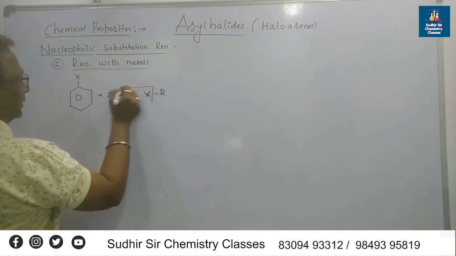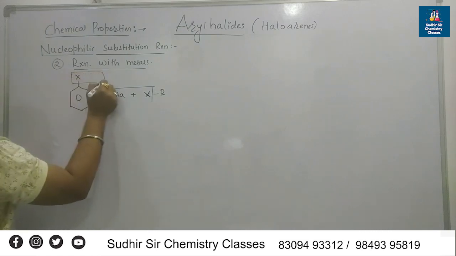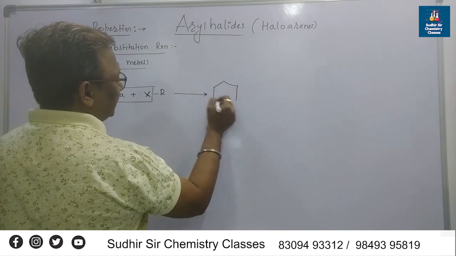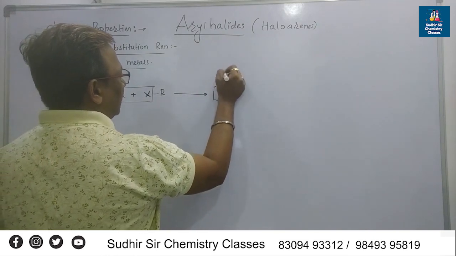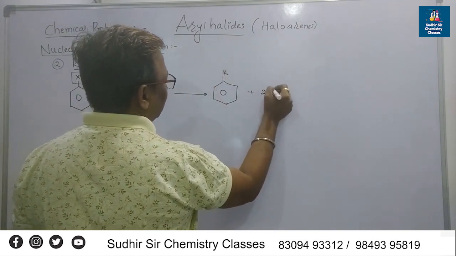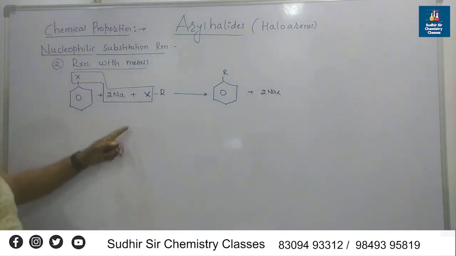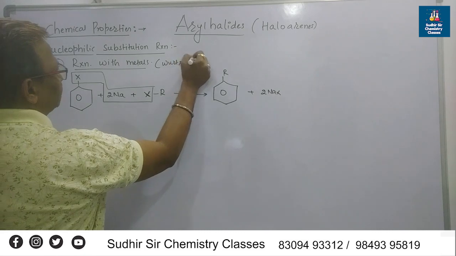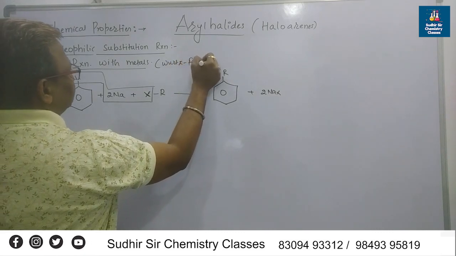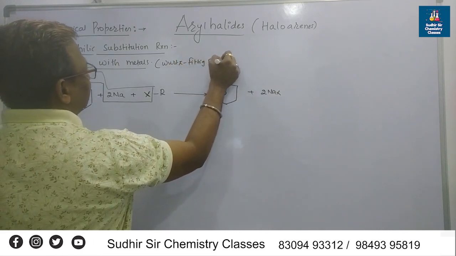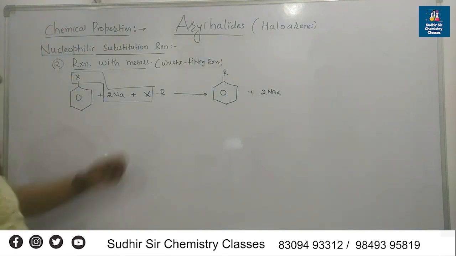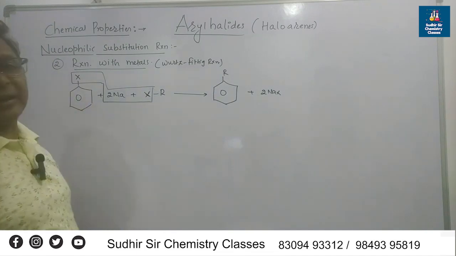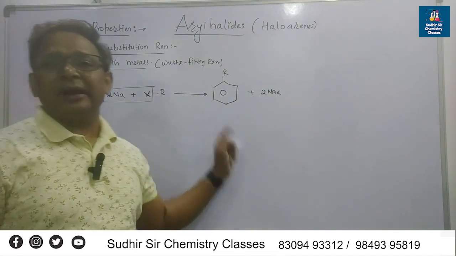This X from here, Na from here, and this X from here will come out. What did we get, beta? Benzene ring bearing R group, called an alkyl benzene. 2NaX came off. Beta, this is a name reaction, you know, and this name reaction is called the Wurtz-Fittig reaction. But what is the Wurtz-Fittig reaction? You can see for Wurtz we are using alkyl halide, for Fittig we are using aryl halide, and we got an alkyl benzene.